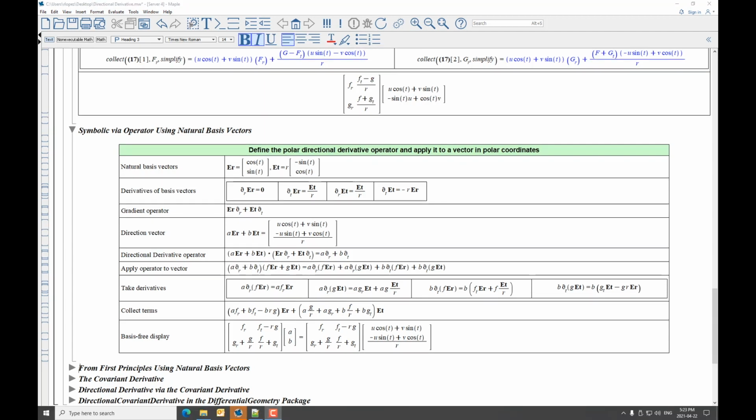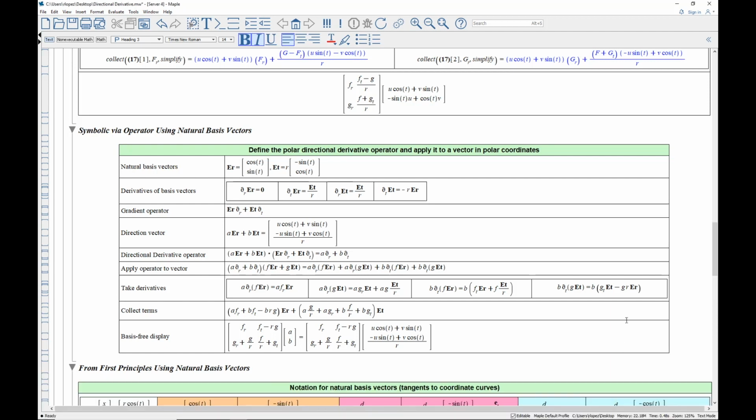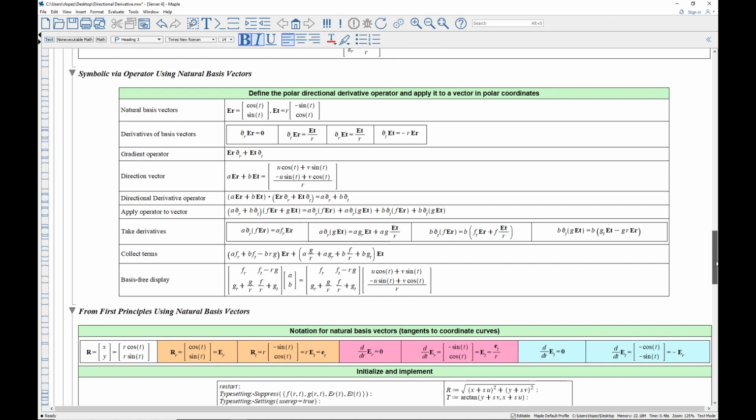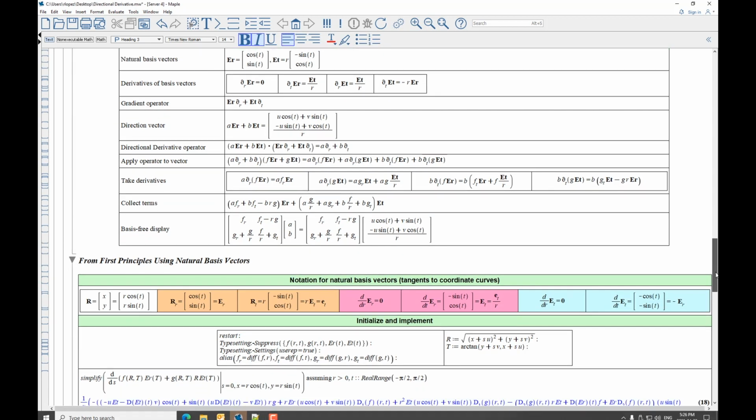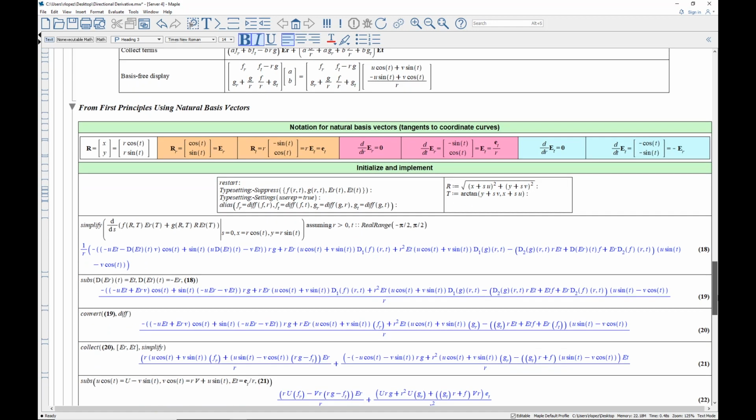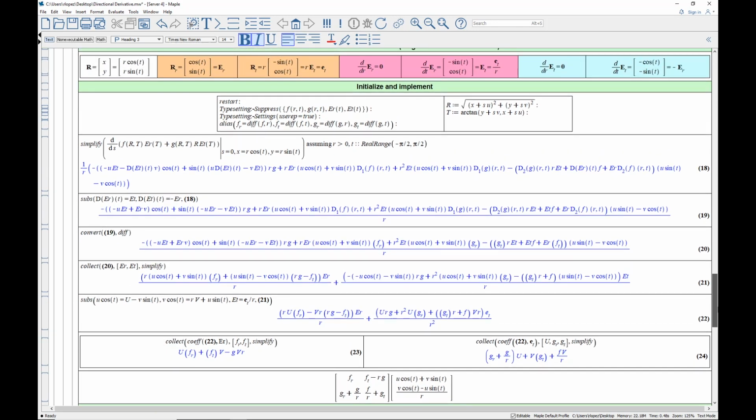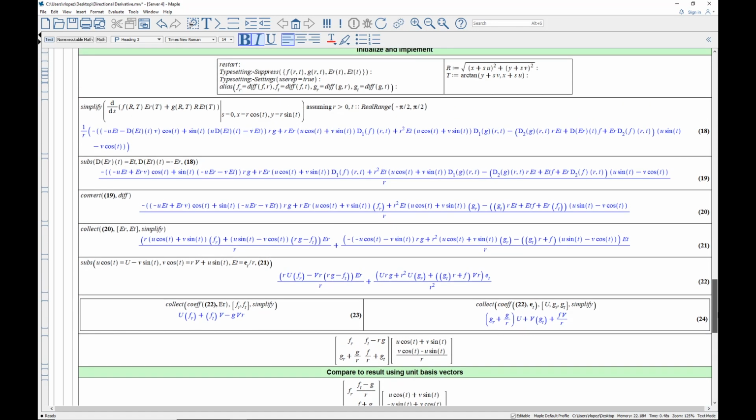Again, we would like to verify what we just worked out with a pencil and paper. Can we get this result using first principles? So some initializations here. These are notational devices, and we're going to work from first principles. So here is our r and our theta that in polar coordinates takes us along a line, and we have these calculations to examine.